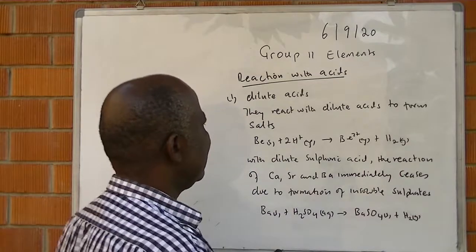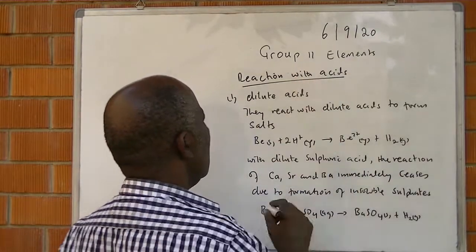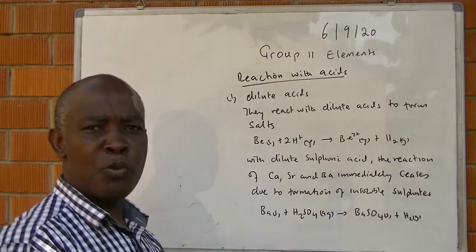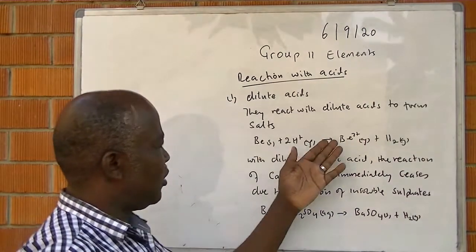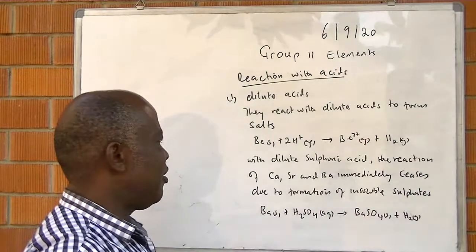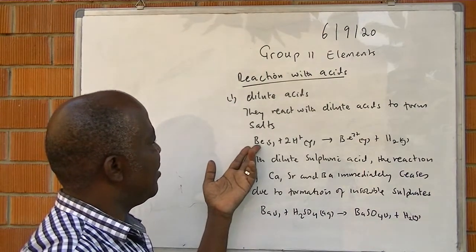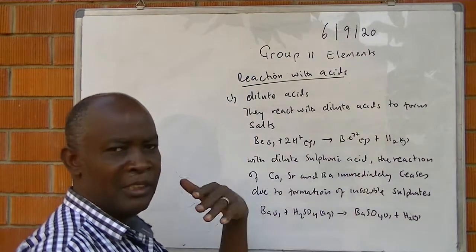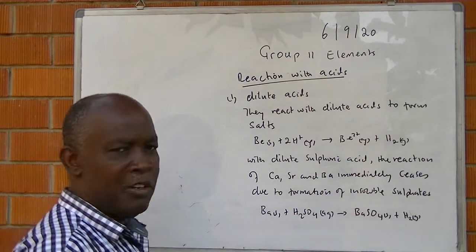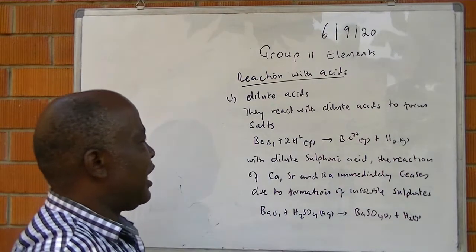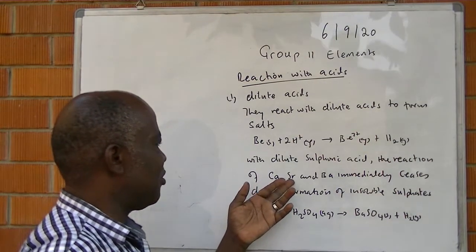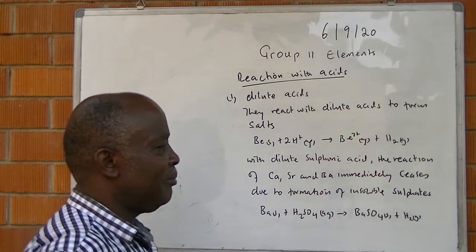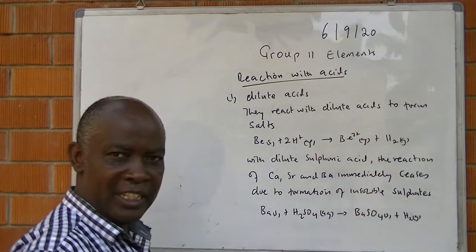Reaction with acids. With dilute acids, group 2 elements form salts and hydrogen. For example, beryllium will react with any acid, for example sulfuric acid, to form beryllium sulfate plus hydrogen. With dilute sulfuric acid, the reaction of calcium, strontium, and barium is temporary or immediately ceases.